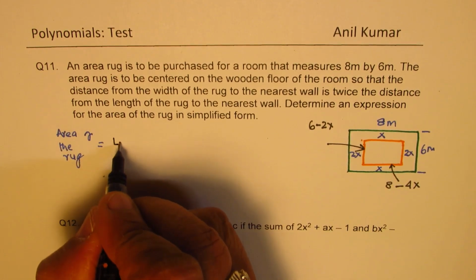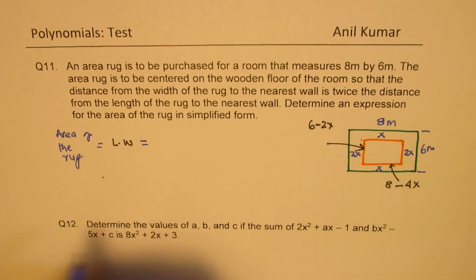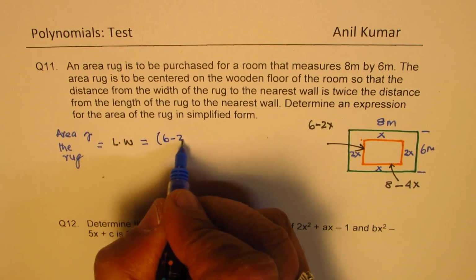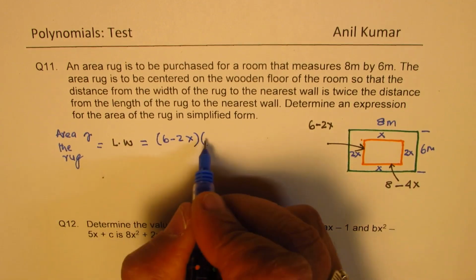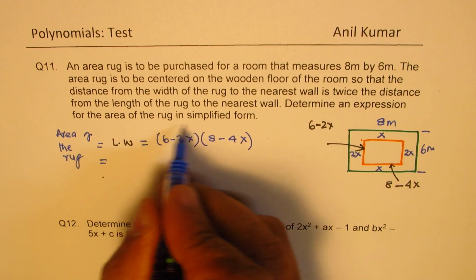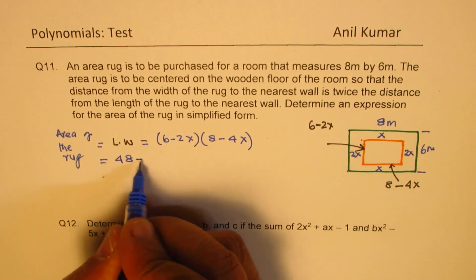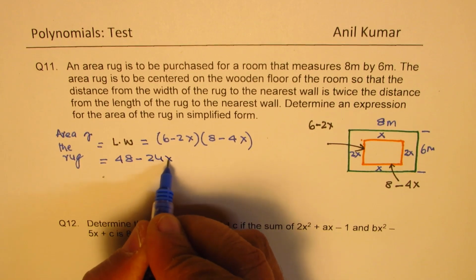So we have area as length into width, and clearly, as we have shown here, this is equal to 6 minus 2x times 8 minus 4x. Now, we'll actually expand this. 6 times 8 is 48. 6 times minus 4x is minus 24x.